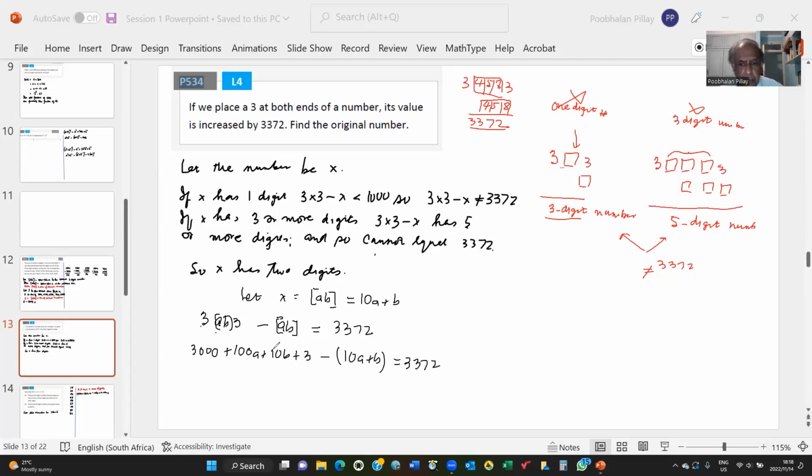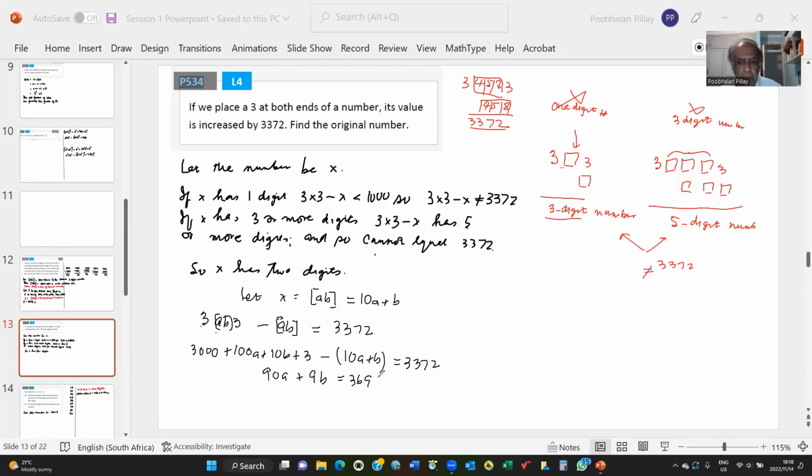Now you can group together the A's and group together the numbers and so on. Eventually the whole thing simplifies to 90A plus 9B is equal to 369.